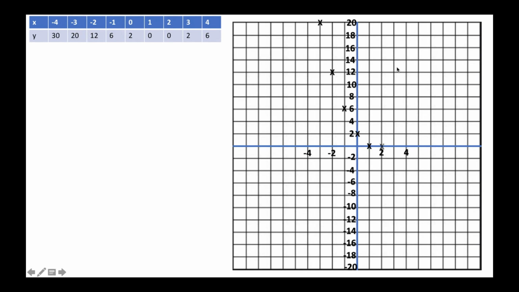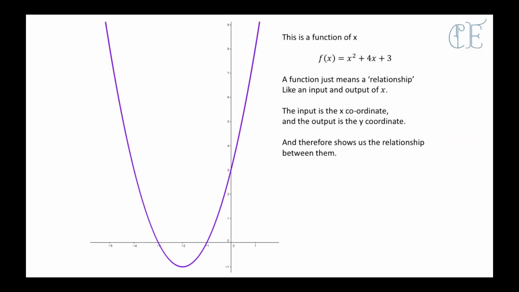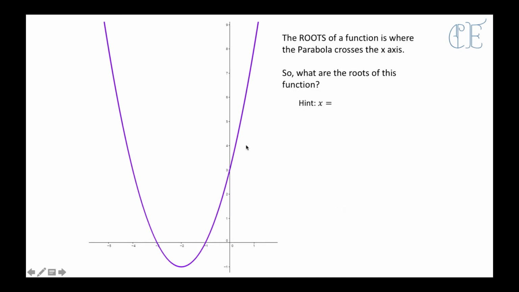Okay, so looking at this new equation now, we can see that we've drawn this graph. Now, if it's called a parabola, it means that it's going in this nice curved shape like this. The roots of a function like this is where the parabola crosses the x-axis. So here is the x-axis, and here is where the line hits it.